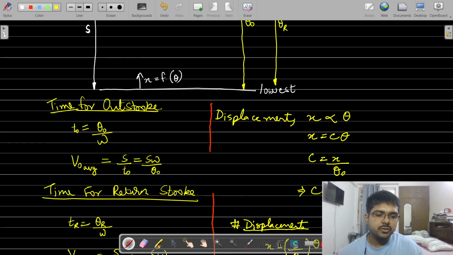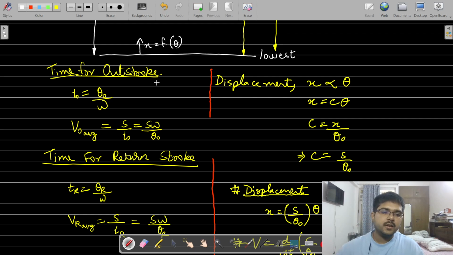Now time for outstroke, we have T naught equals theta naught by omega, and V naught average is equal to S by T naught equals S omega by theta naught. So this is what is V naught average.